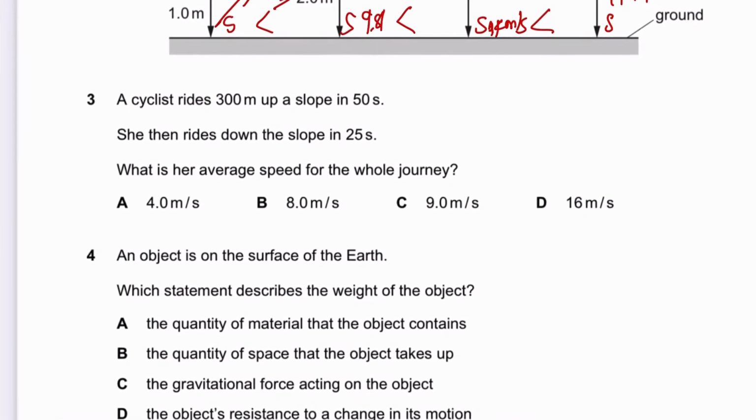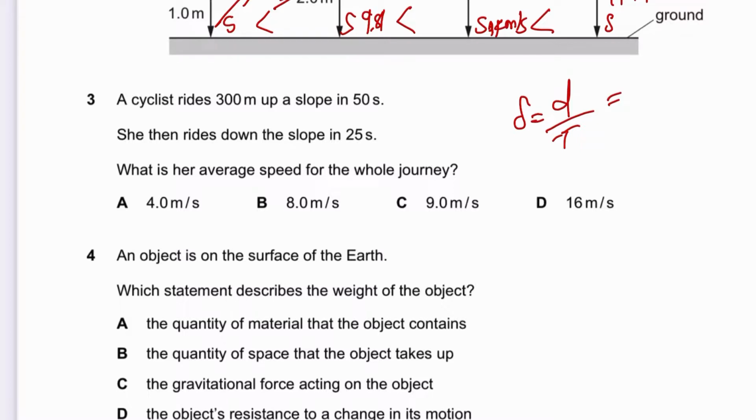Number 3, a cyclist rides 300 meters up a slope in 50 seconds, then rides down the slope in 25 seconds. What is her average speed for the whole trip? So speed is equal to distance upon time. If we're talking about average speed, we'll talk about total distance upon total time.